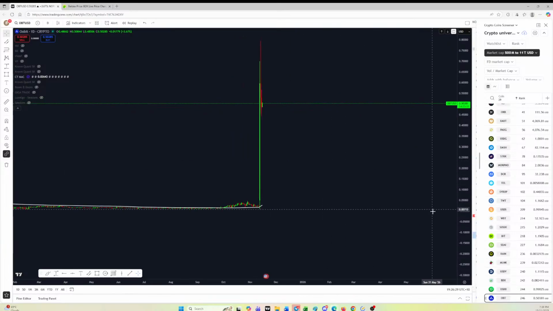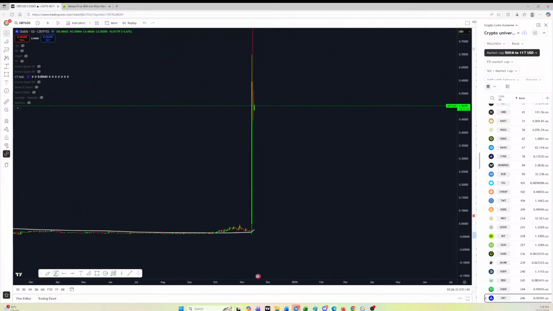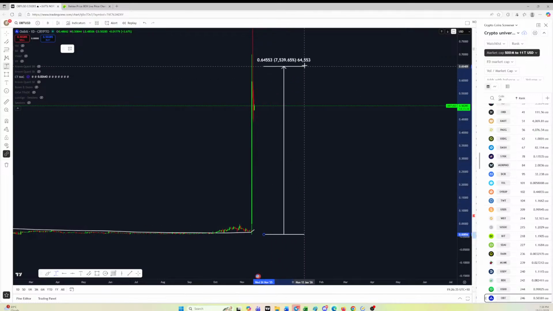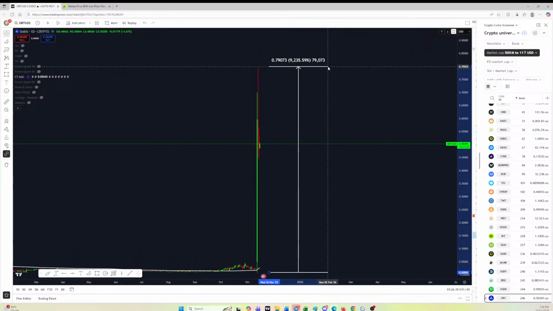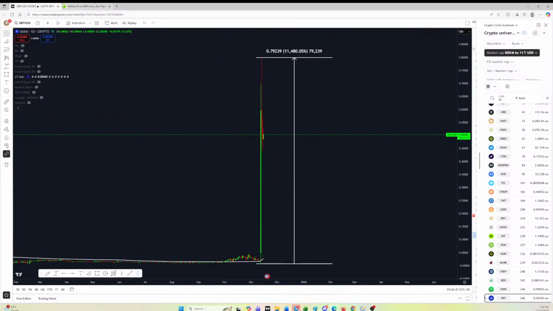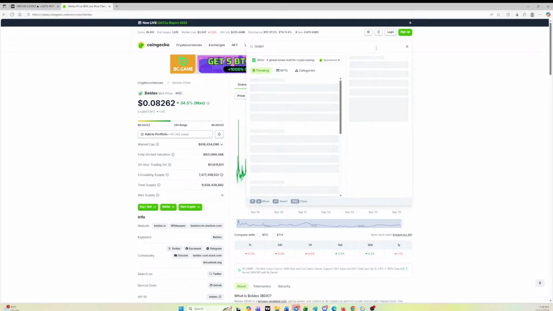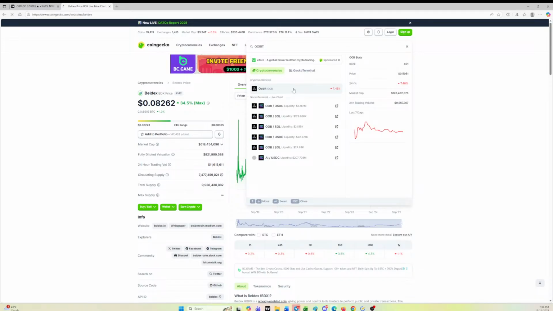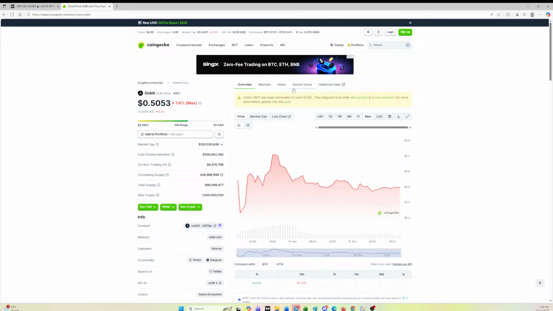Oh my god. The short squeeze to end all short squeezes. Oh, fuck that. Look at this. Yeah, bro. Only 9,000% in 1 day or 2 days on ByBit. That's insane.